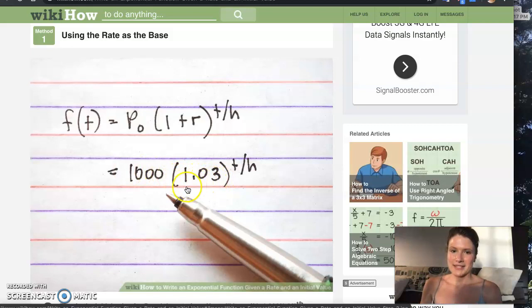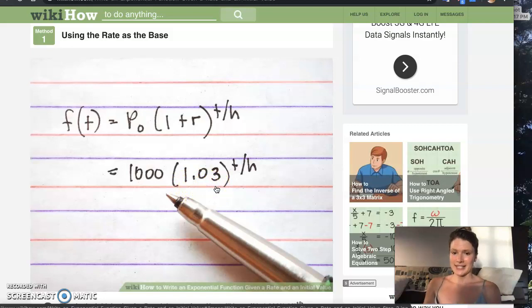We don't have to think about this today, but just as a quick review, this number inside the parentheses we called the rate. Sometimes it was a growth rate, sometimes it was a decay rate. In this case, I can easily tell it's a growth rate because it's greater than 1: 1.03.